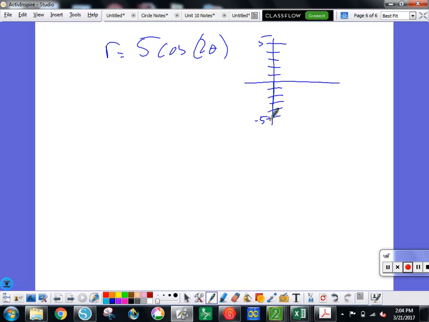So with this being the case, we usually use pi halves, pi, 3 pi halves, and 2 pi. But because it's 2 theta, what do we do to those items? We cut them in half or divide them by 2, right? So therefore this is pi fourths, pi halves, 3 pi fourths, and pi. Is everybody there with me? Does everybody understand why we have to do that?